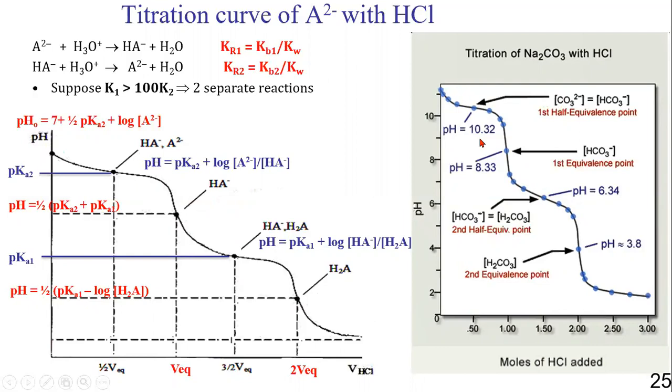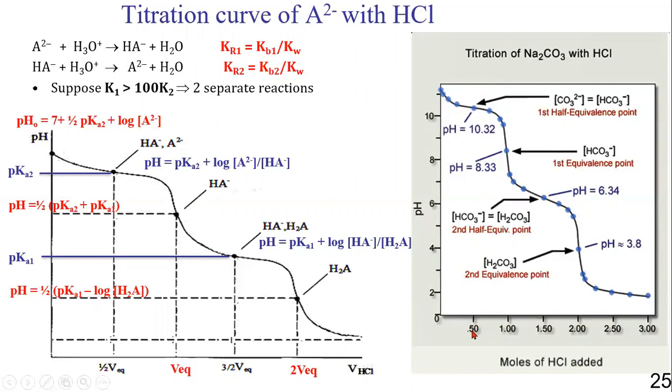Yes, if this is the equivalence at 1, and at 2, surely, which is 2 times the first equivalence, is going to be my second equivalence. Again, here we have moles of HCl, but it doesn't really matter. Volume versus moles versus X, whatever you have as the X, as long as it's considered the amount of the HCl added.